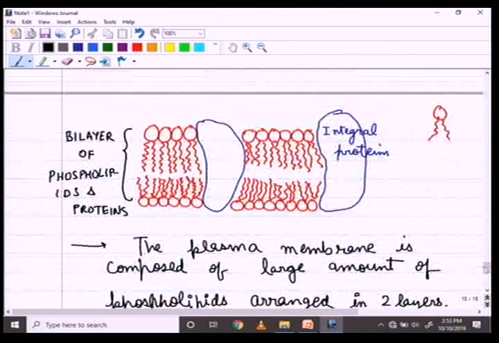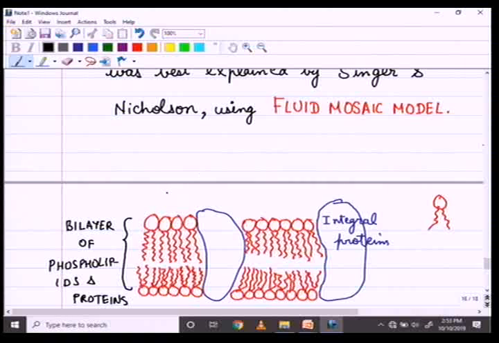Now, in this structure, there are a few more things present here. These are glycosylation residues or carbohydrate residues. This is a carbohydrate residue, and when this violet colored thing is attached to a lipid, it is called a glycolipid. If the violet colored structure is attached to a protein, it is called a glycoprotein.